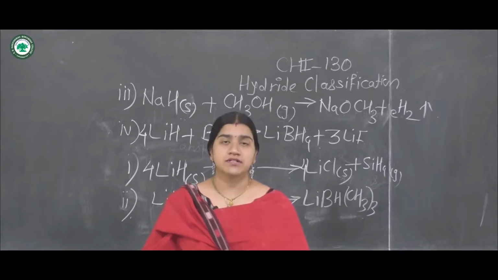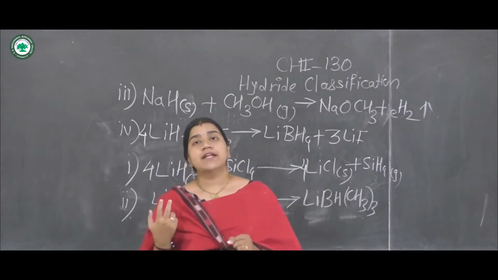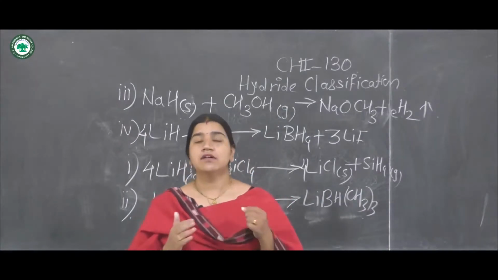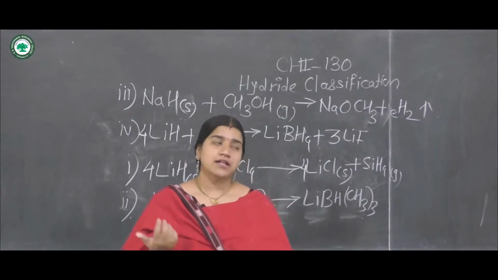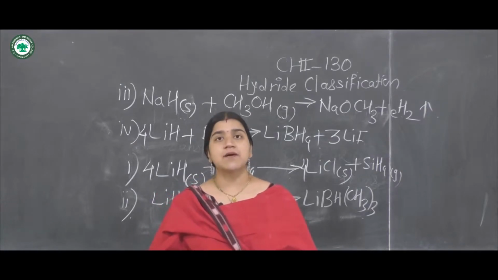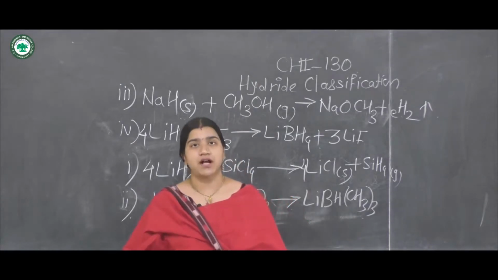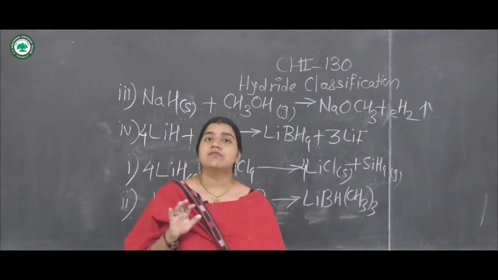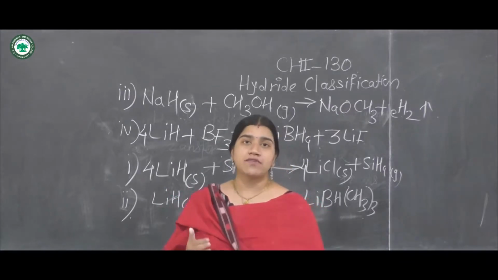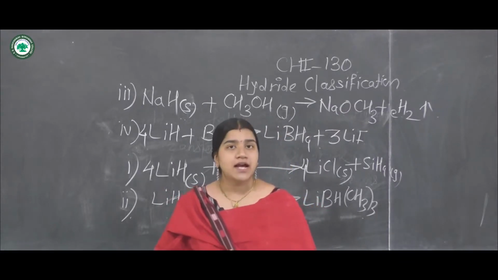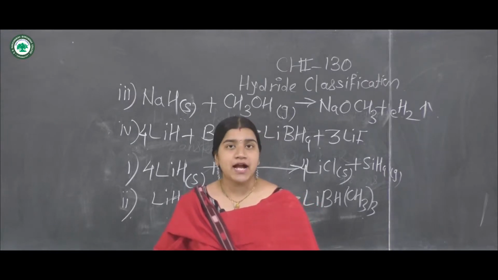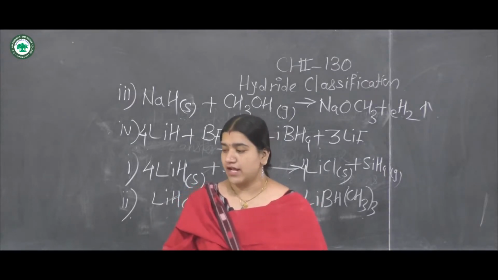From the examination point of view, the classification of hydrides is the most important step. There are two main ways for the classification of hydrides. In one case, they are classified as electron rich, electron precise, and electron deficient compounds. In another way, the hydrides are classified as saline hydrides, covalent hydrides, polymeric hydrides, and intermediate hydrides.